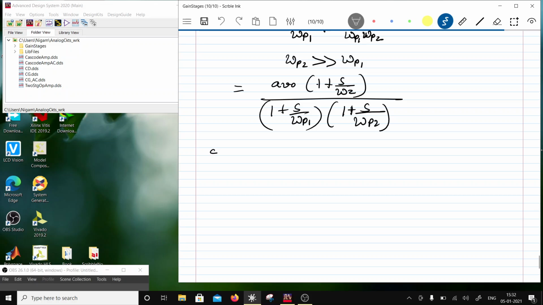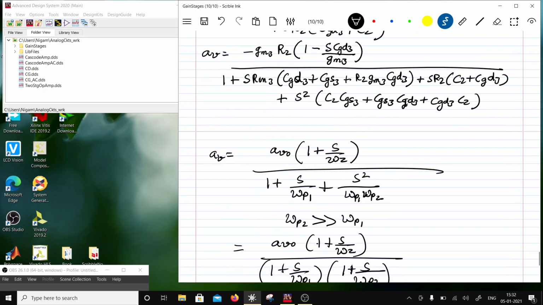So if I look at that, I can have the pole. The pole would be S equal to minus omega p1, which I get from the S term here.